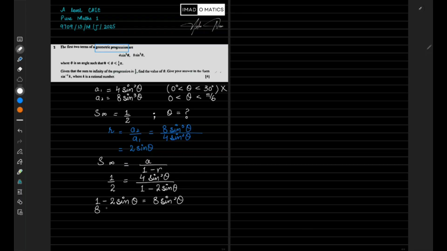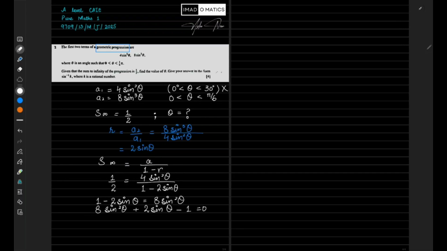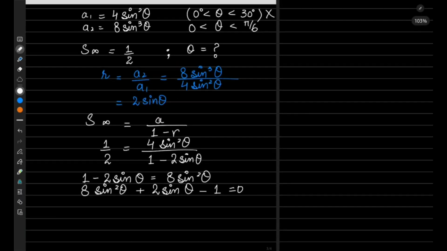Now rearrange it. 8 sine square theta plus 2 sine theta. I am shifting this 2 sine theta and 1 to the other side. So this becomes 8 sine square theta plus 2 sine theta minus 1 equals 0. This becomes now a quadratic equation, quadratic in sine theta. This is called a disguised quadratic. Disguised quadratic means it is quadratic, but it's not in the usual form.